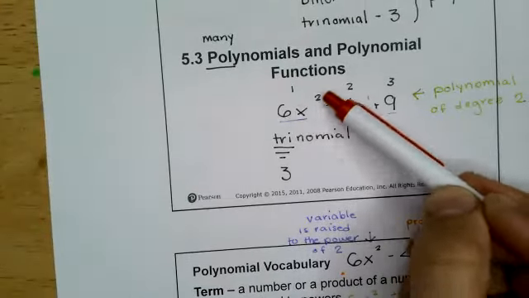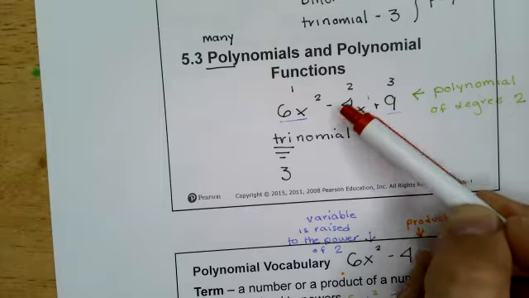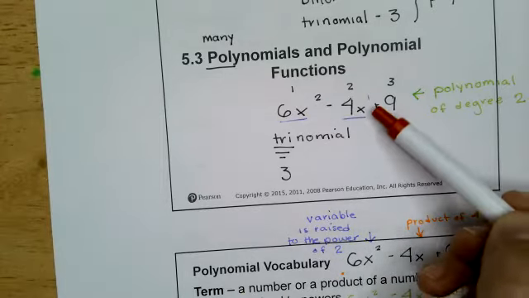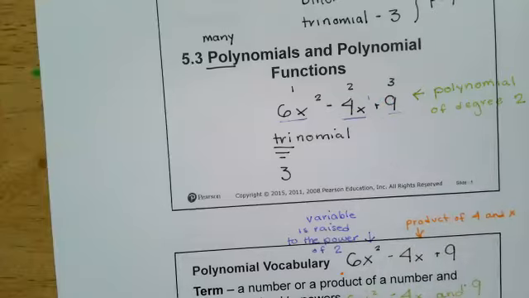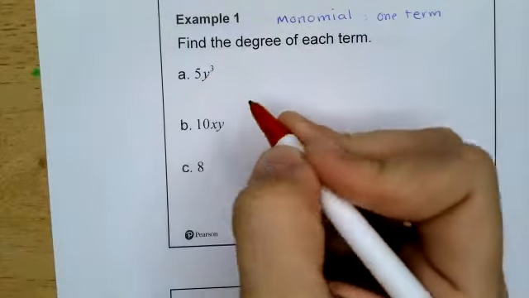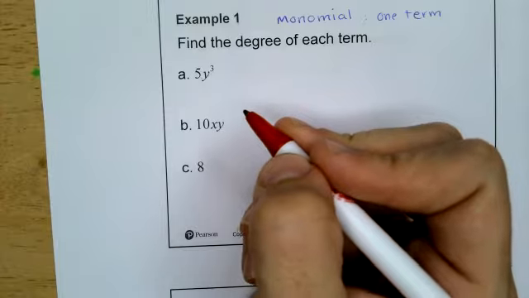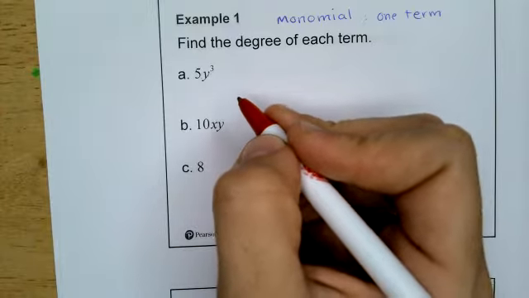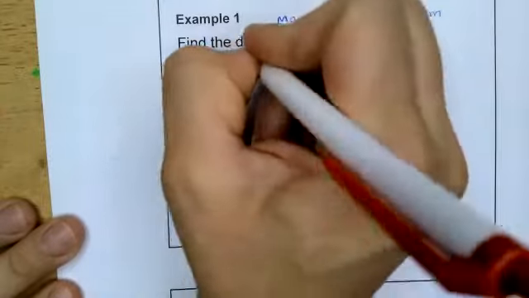So 6x squared is 1 term and negative 4x is another term because the minus sign is between them. 4x is a different term from 9 because the addition is between them. 5 times y to the third is all one term because there's no adding or subtracting between the 5 and the y. Good? So just look at the exponent.